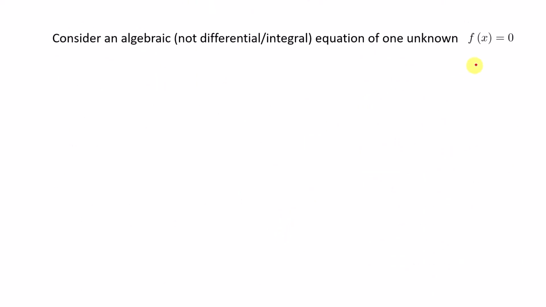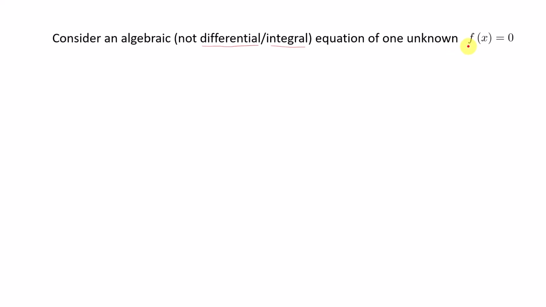We take an algebraic equation, and by algebraic, again and again using this term, what we mean is that we are not talking about differential or integral equations. We'll come to differential equations later on, but right now we are not talking about them. We are only considering now algebraic equation of one unknown.